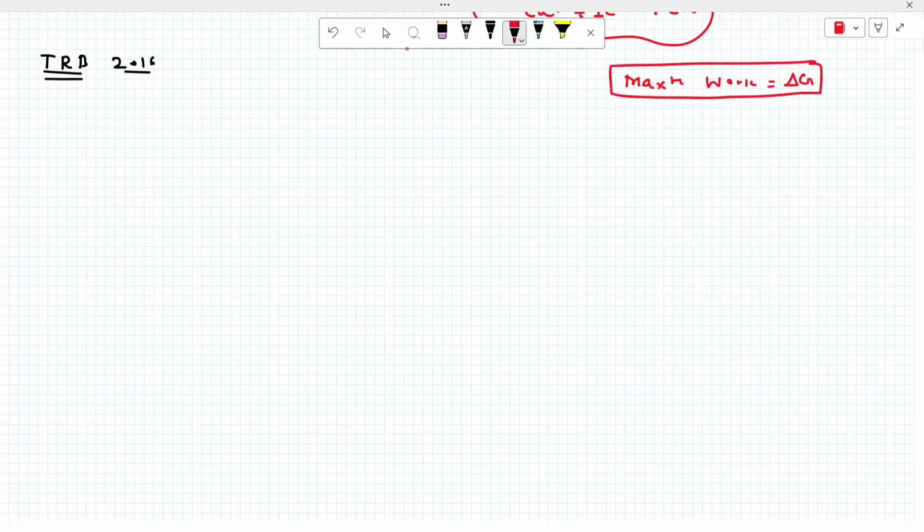Maximum work is the useful work, right? Delta G. They are asking to calculate the E naught value for reducing alumina at 500 degrees Celsius.